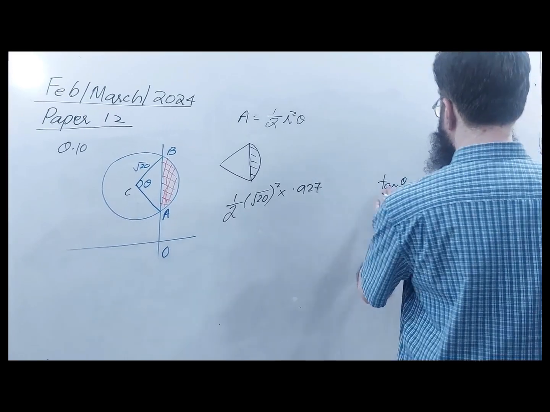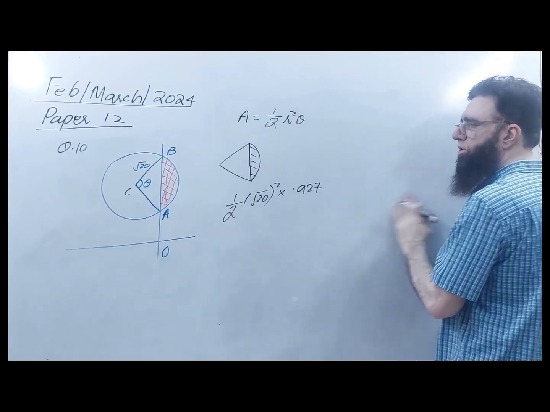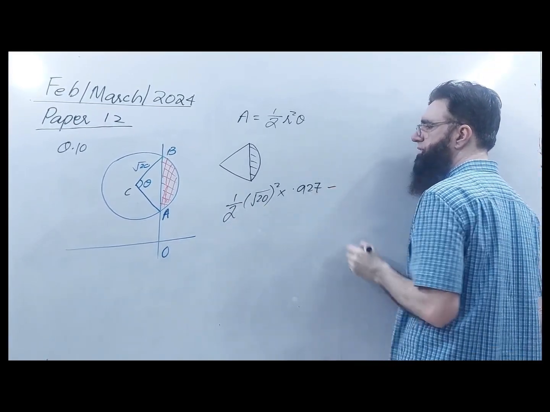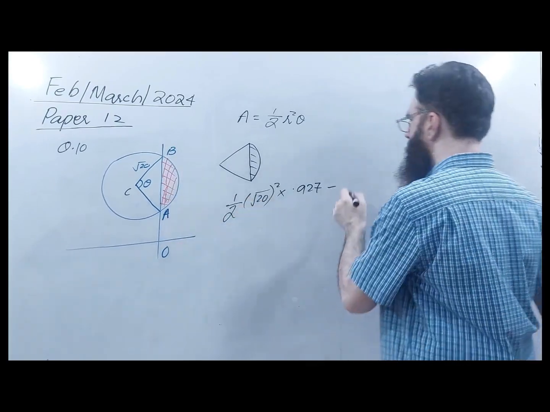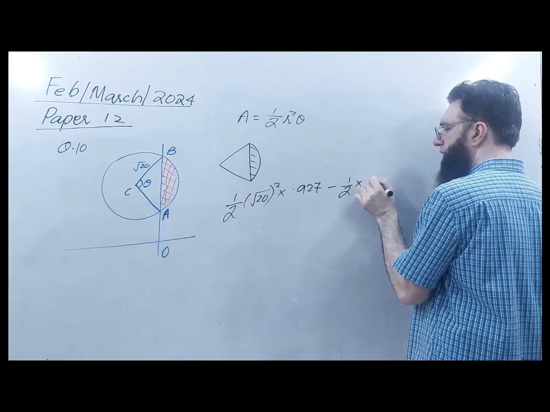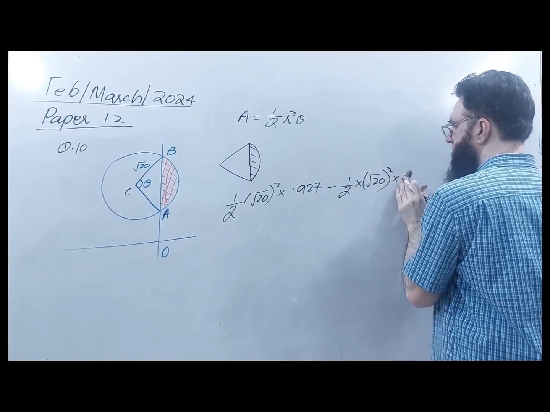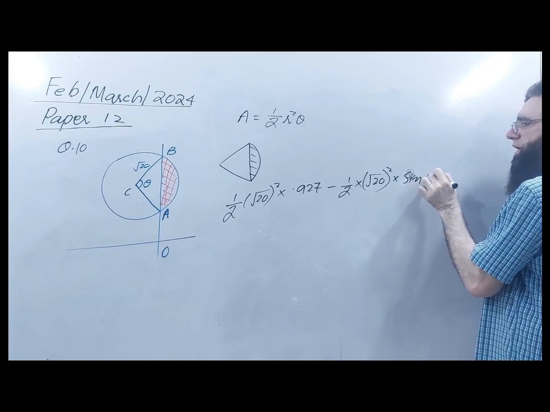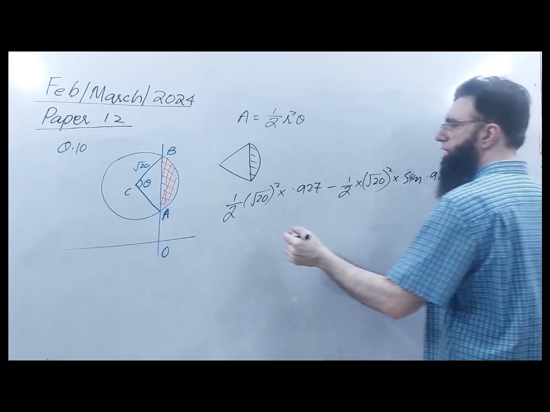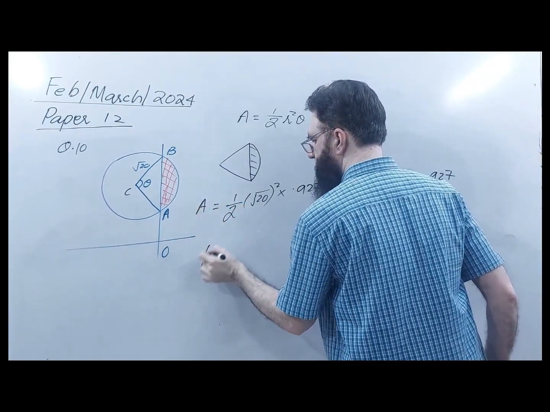So theta was 0.927. So this is half r square theta minus the area of the triangle, half r square, that is side into side into sine of the angle, and the angle is 0.927. If you simplify, this is the area of the shaded region.